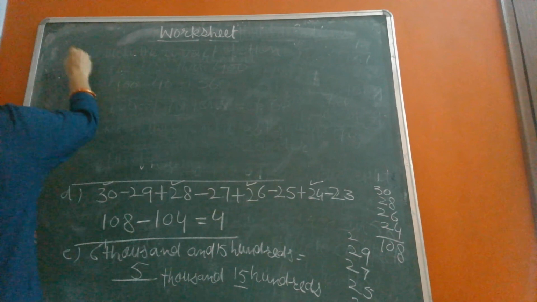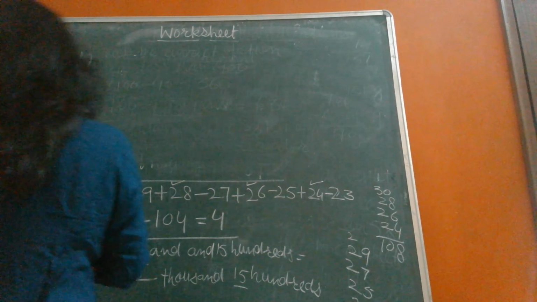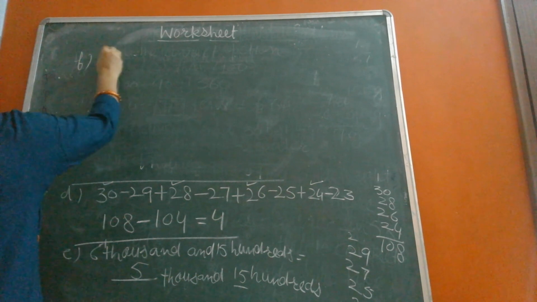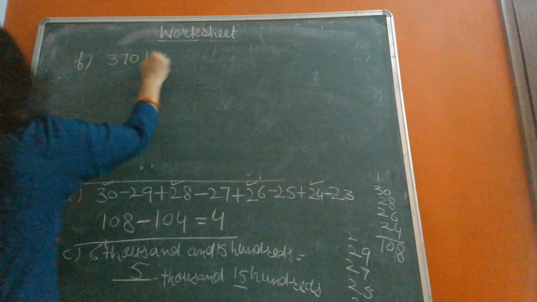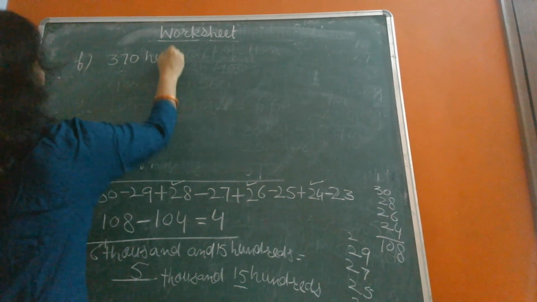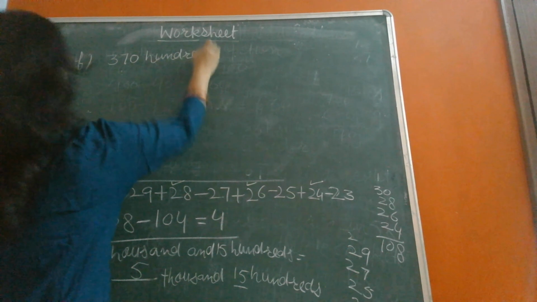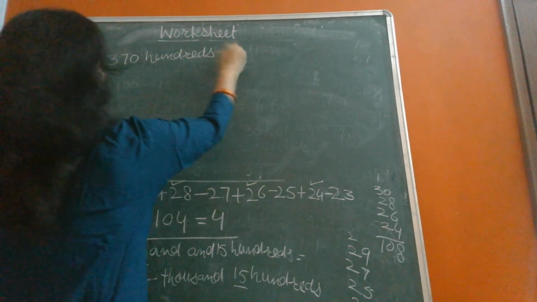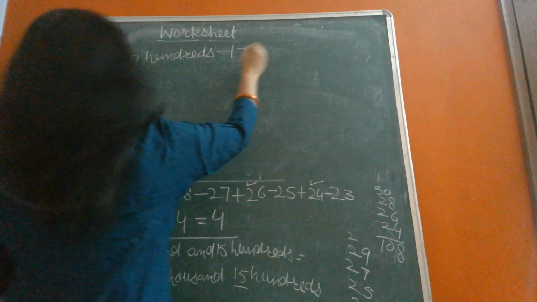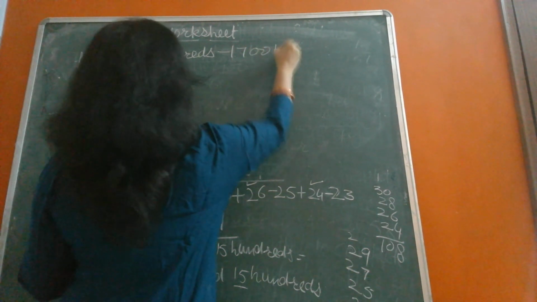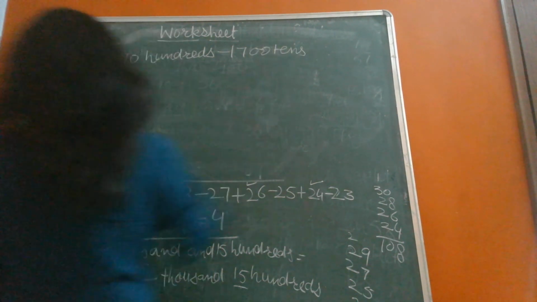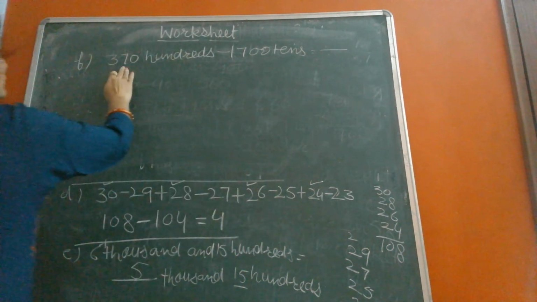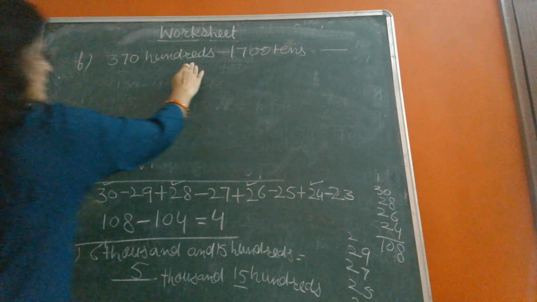Now take one more example. Part F. Part F is 370 hundreds minus 1700 tens equal to dash. There is 370 hundreds.